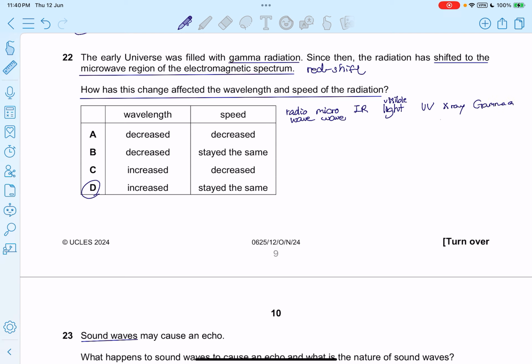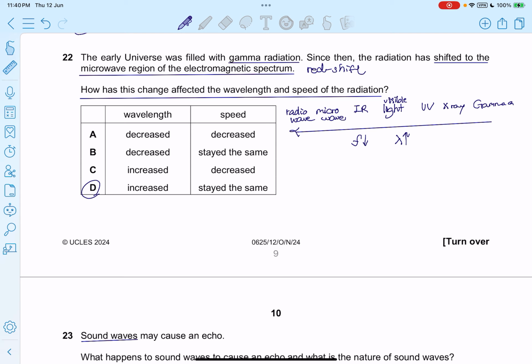Redshift makes the wave go towards the radio wave side. So basically the frequency is decreasing, and since the frequency decreases, the wavelength should increase.